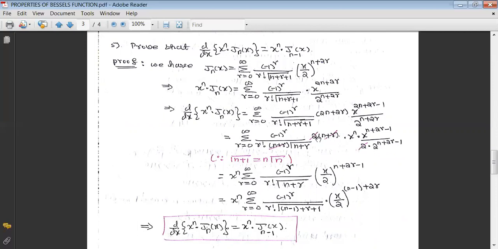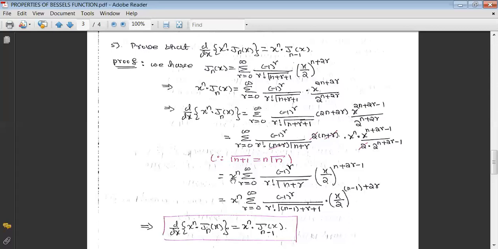This 2 will get cancelled. And this x raised to n is free from the parameter r. That's why we can take that outside the summation, using the result gamma n plus 1 equals n into gamma n.